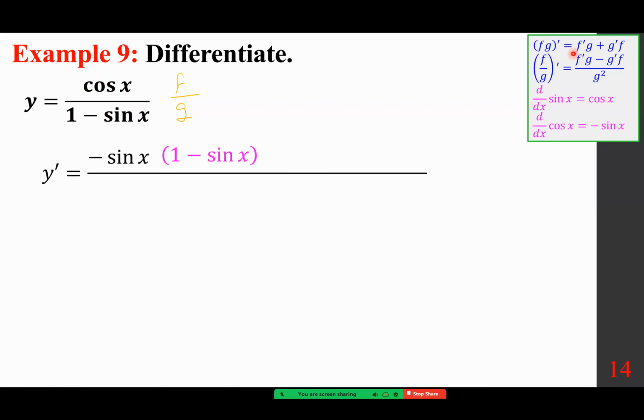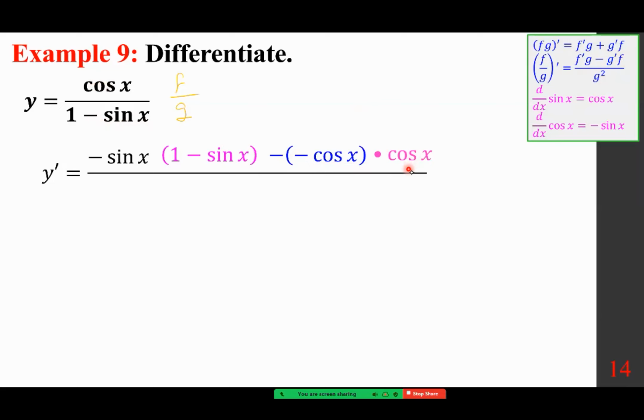minus g prime. Okay, now we want to take the derivative of the bottom. This is a number. It doesn't matter what number. The answer is 0. Negative sine x. The derivative is negative cosine x. So this negative sign remains. Minus sine x gives you minus cosine x times the top f, times cosine x.